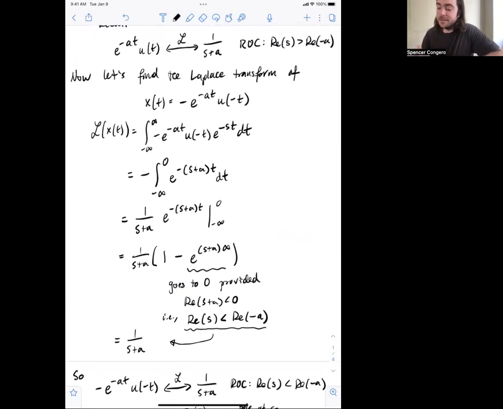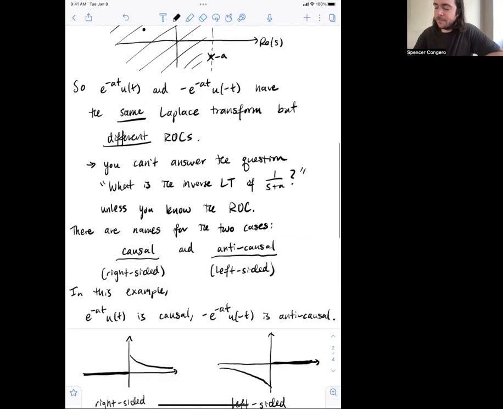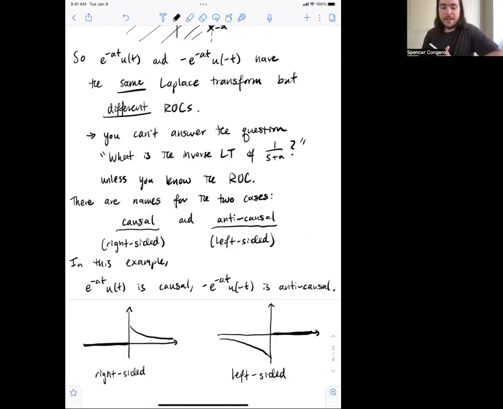The Laplace transforms themselves are the same, but the regions of convergence are different. So that's how you'll be able to tell these functions apart. And we gave different names to those functions in time, either causal, anti-causal, or right-sided and left-sided. Okay, so we'll see more examples of this in videos to come. But that's all I had for this video. I will see you in the next one.